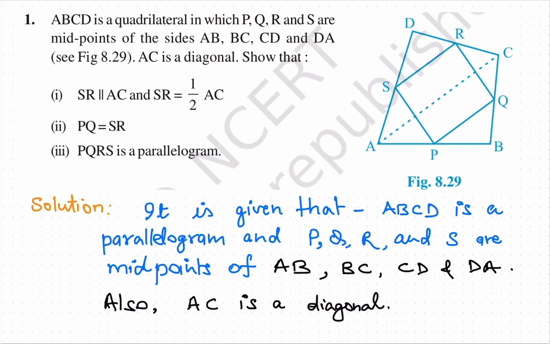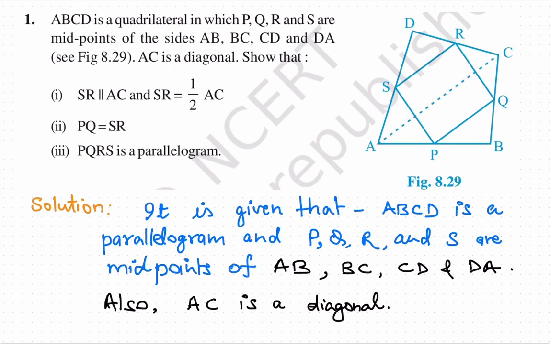We are given that ABCD is a quadrilateral and P, Q, R and S are the midpoints of sides AB, BC, CD and DA respectively, and also it is given that AC is a diagonal.